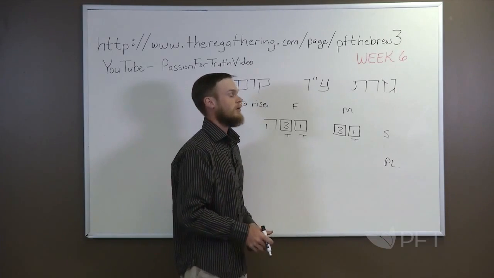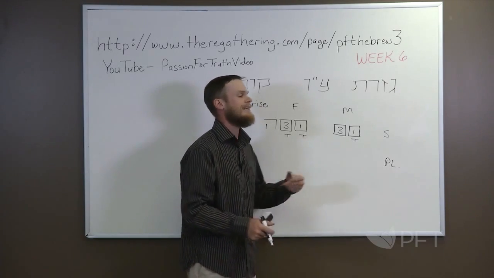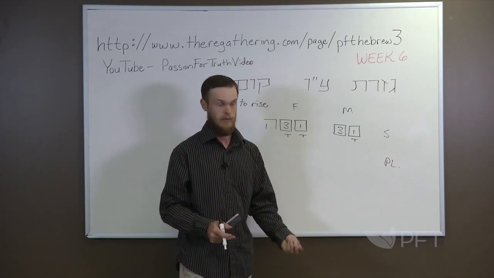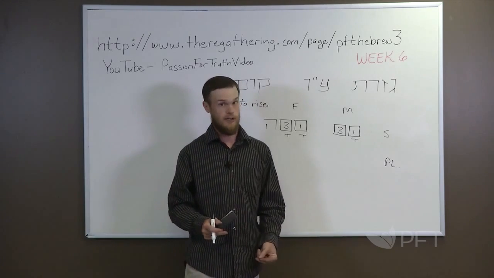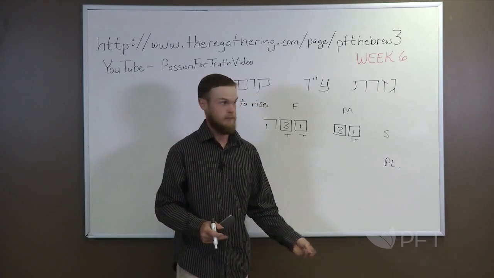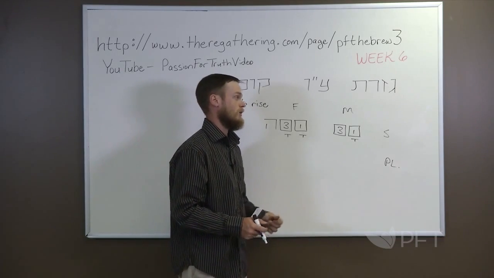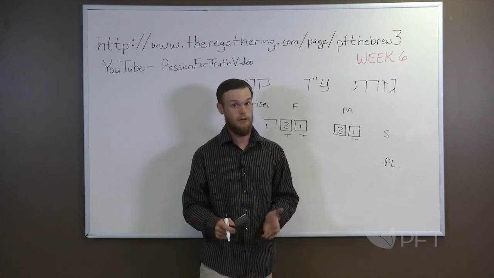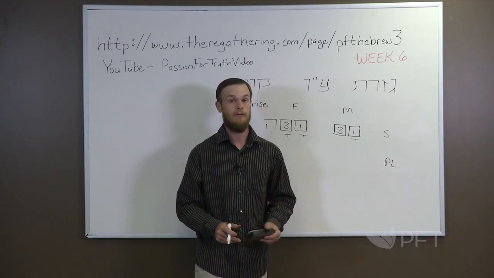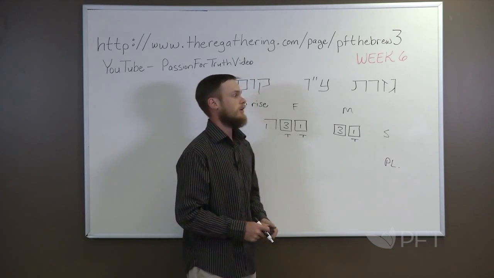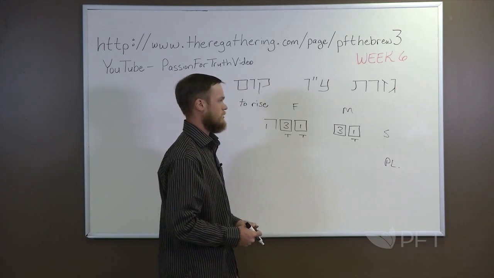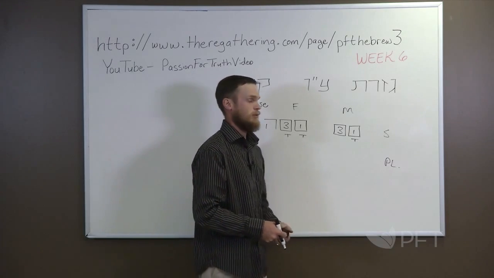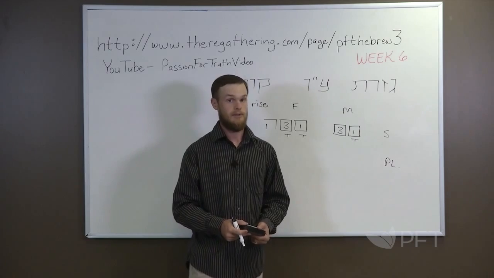But if I was to say he is rising, the present tense, I would also say hu kam. They would be spelled and vocalized exactly the same way. So that is something worth noting in the ayin vav conjugation, that your third person past tense and your present tense are going to look the same.